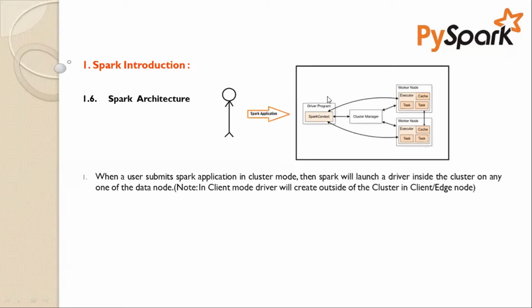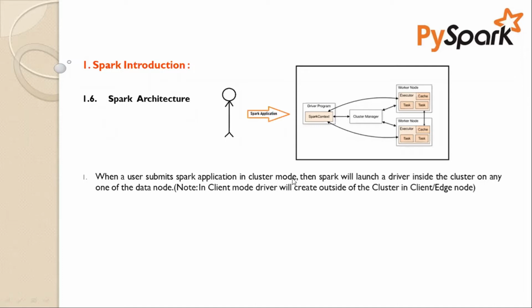When I asked a question, somebody replied that the Spark framework will launch the driver on the name node. That is wrong. Spark won't launch the driver on the name node. Spark will launch the driver on a data node, inside the cluster, if it is in cluster mode.